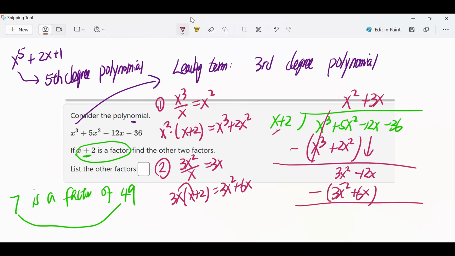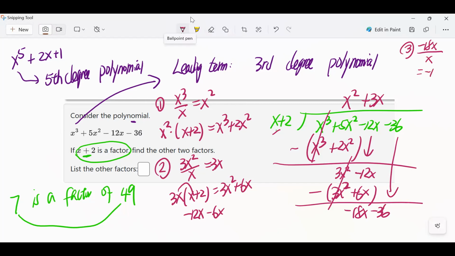Subtracted. Yep, so that's what we end up with, right? So cancel this 3x squared, and minus 12x minus 6x is minus 18x. I'll bring down the last term, minus 36. Now the third step: dividing minus 18x by x, we get minus 18.